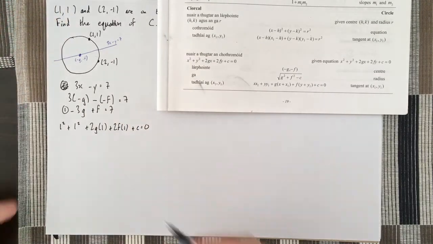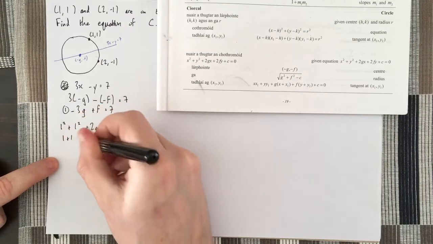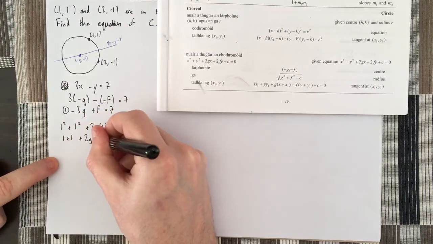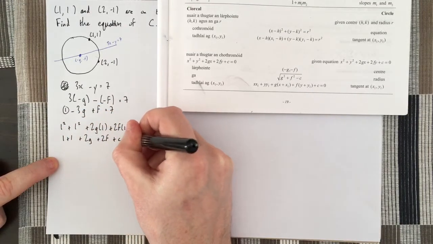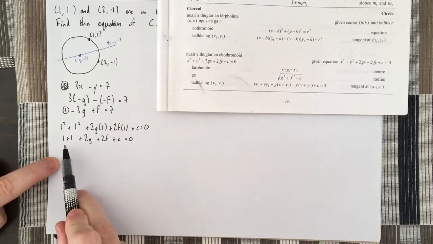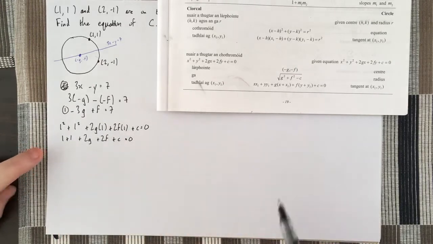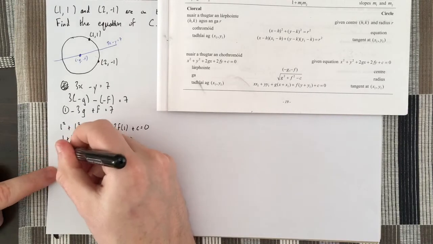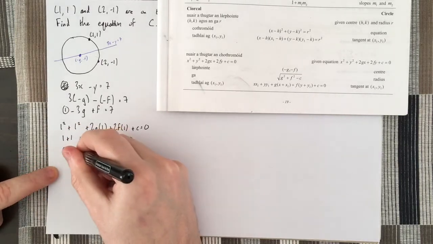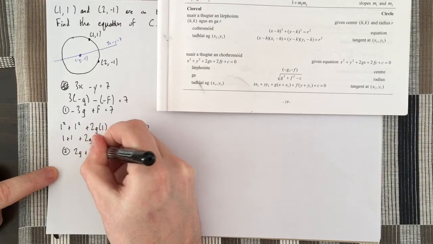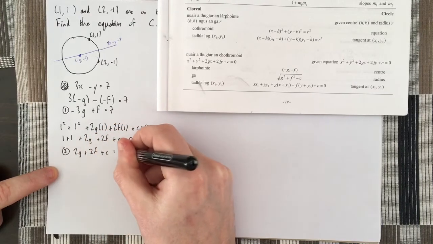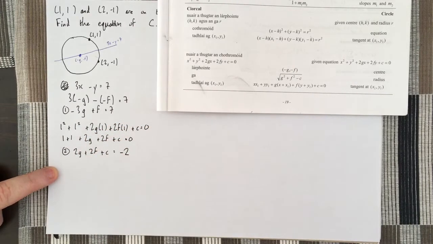This is just like I was doing in the previous example. So 1 plus 1 plus 2g plus 2f plus c equals 0. 1 plus 1 is 2. And I'm going to move it over to the right hand side for the form we normally use these equations in. So equation 2 is 2g + 2f + c = -2.